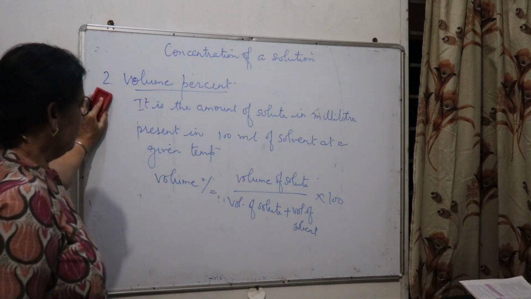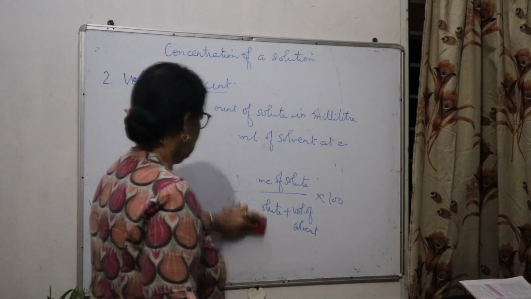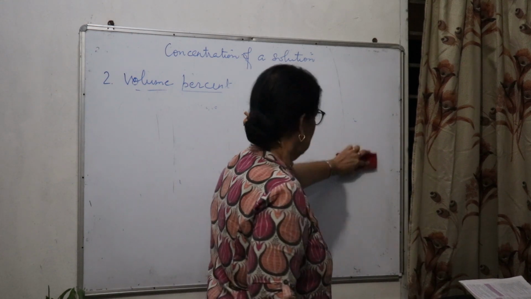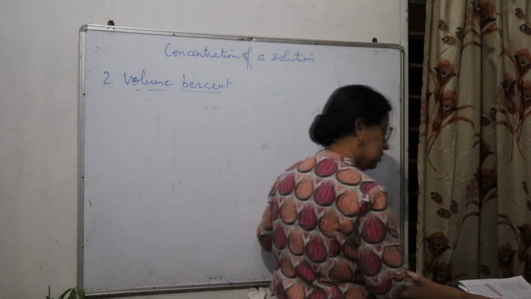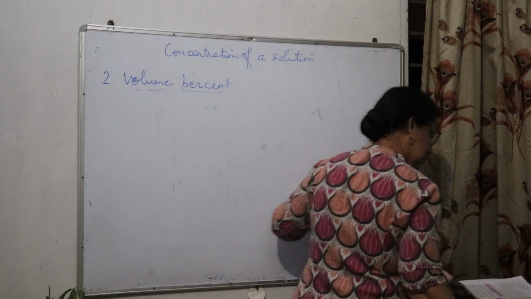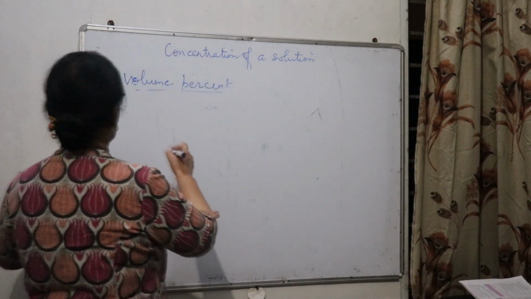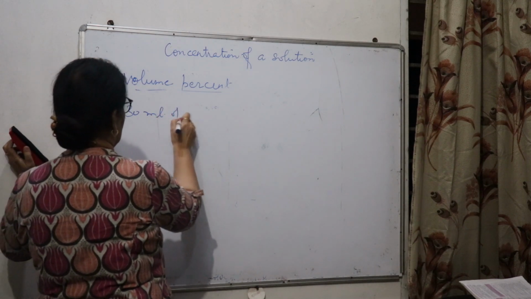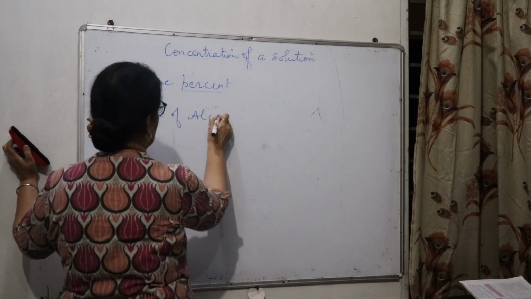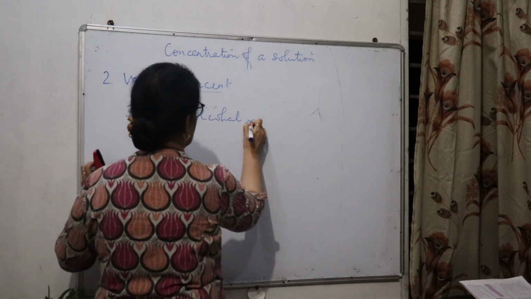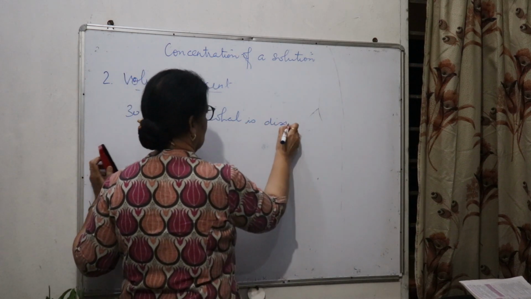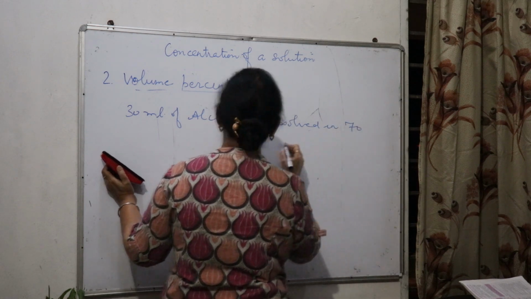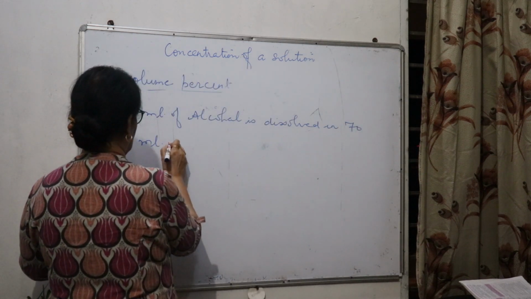Let us do one example. Suppose 30 milliliter of alcohol is dissolved in 70 milliliter of water.